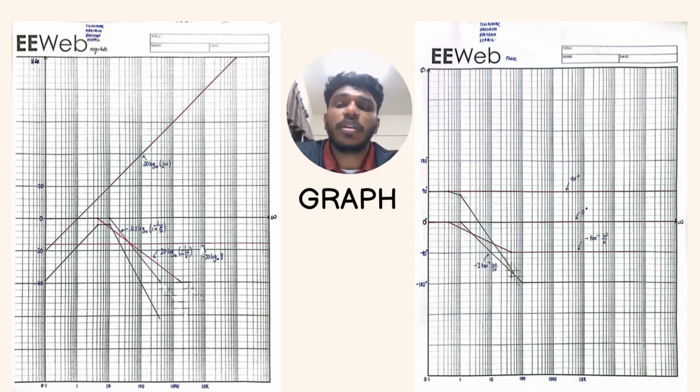When we change the equation into phase, we can see the difference, because there is a 0, then plus 90, minus 10 omega over 4, and also minus 2 tan omega over 10.